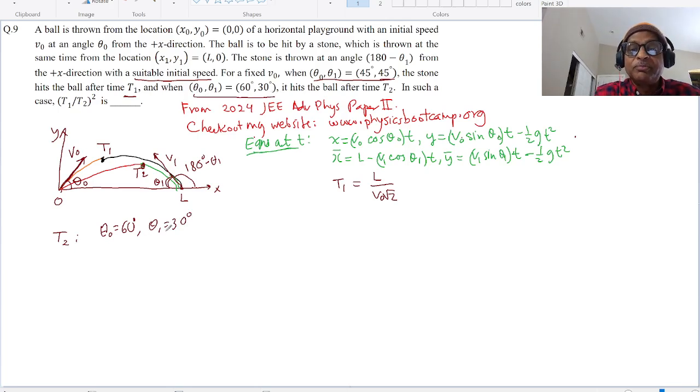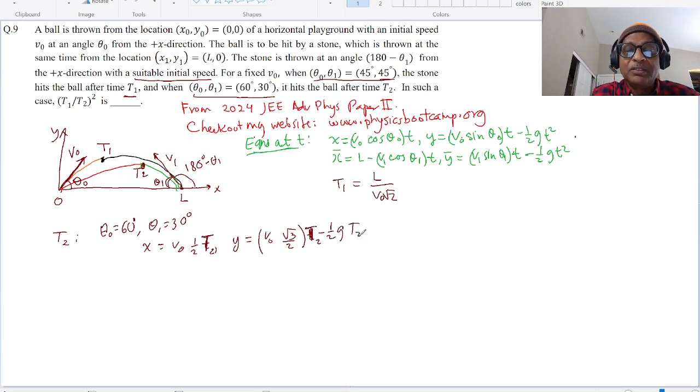All right, so I just plug in there. So we need x equal to v0 cosine 60 degree is half t, and y equals v0 square root 3 over 2 t minus half g T2 square. They're hitting at T2.